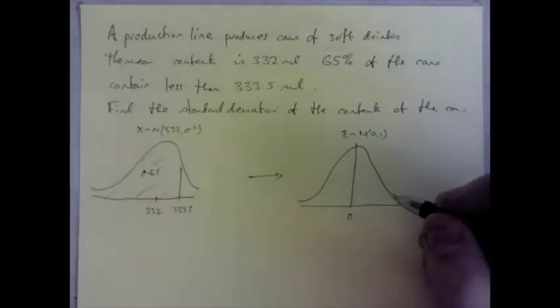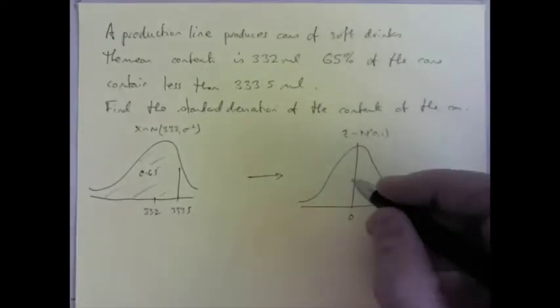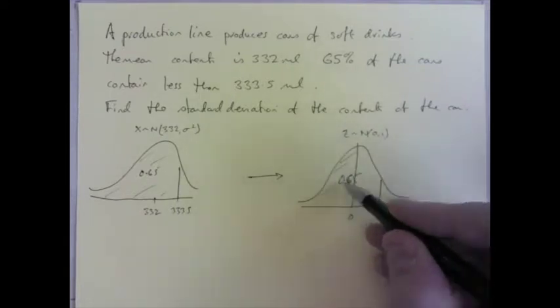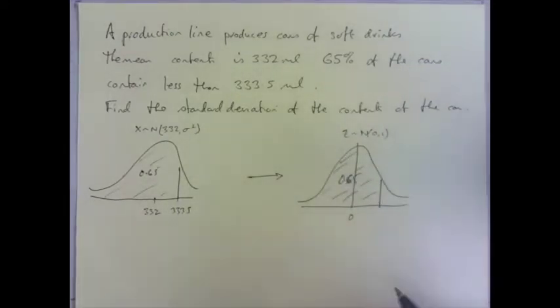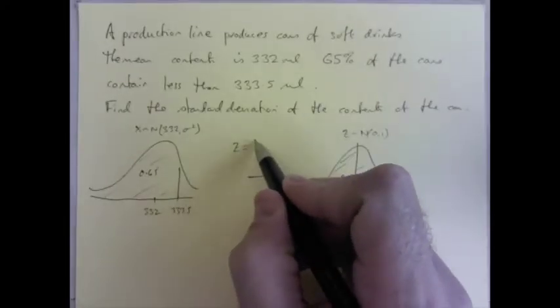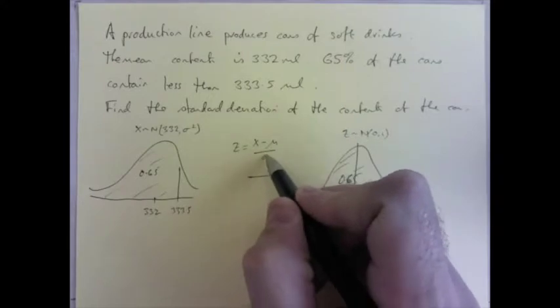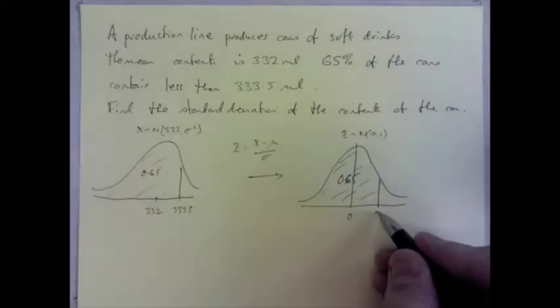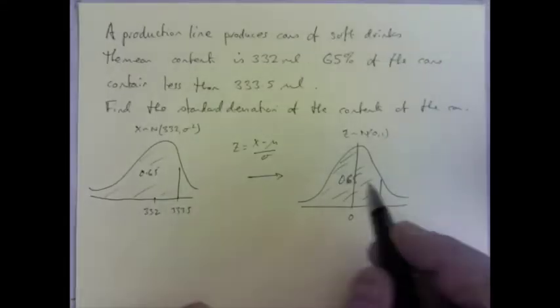And I know that the areas will be preserved, so that the area to the left is still going to be 0.65, as long as I convert with the formula z is x minus the mean divided by the standard deviation.